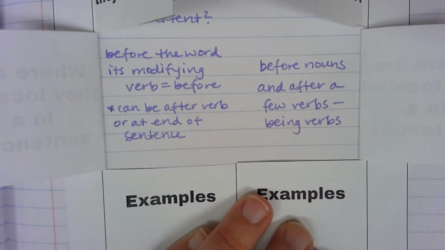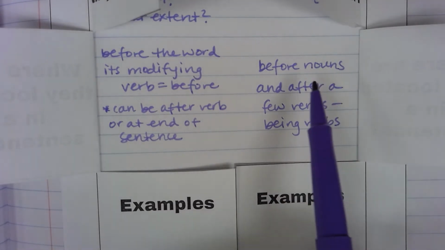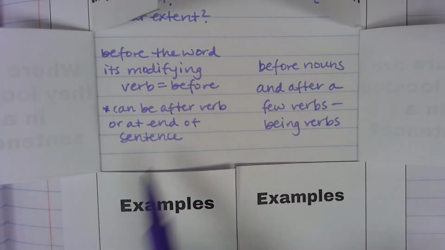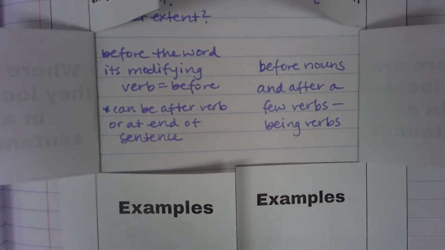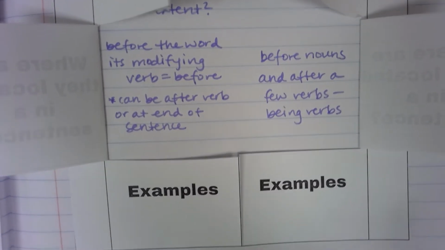So they could be after being verbs, which are linking verbs also. So they taste wonderful. It could be right after the verb, but otherwise they're usually before nouns. The beautiful girl, the strong desk, the glossy table. Now, examples. Go ahead and pause this if you need to, and we're moving on to examples.